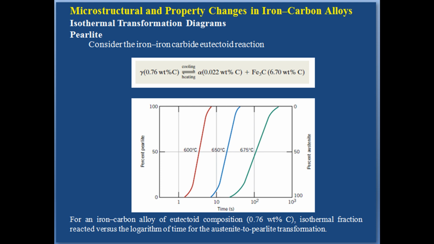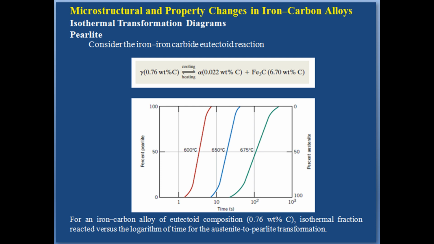Once again, we will discuss the pearlite transformation. Consider the iron-iron carbide eutectoid reaction that is shown, which is fundamental to the development of microstructure in steel alloys.